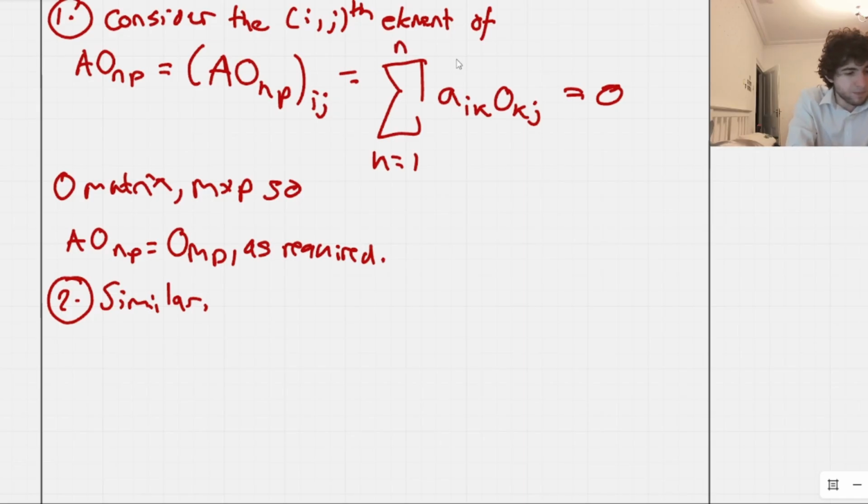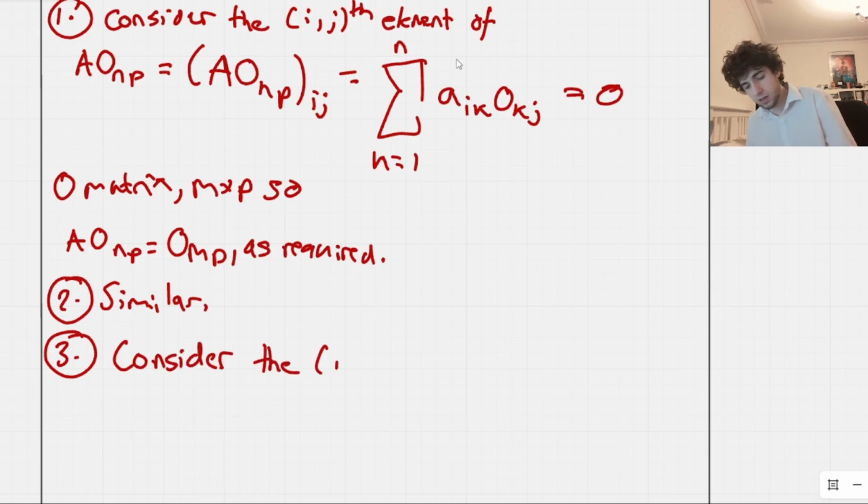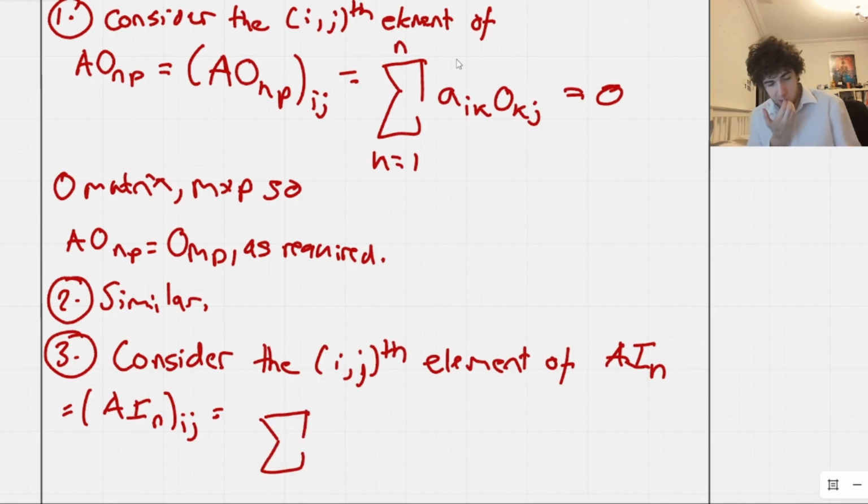Then 3 is a little bit trickier, but still doable, right? So 3, I'm going to say consider the ij-th element of our matrix product A I_n. So the matrix A multiplied by the n by n identity matrix, that's just going to be equal to (A I_n) subscript ij, which by definition is a sum, this is matrix multiplication, from k equals 1.